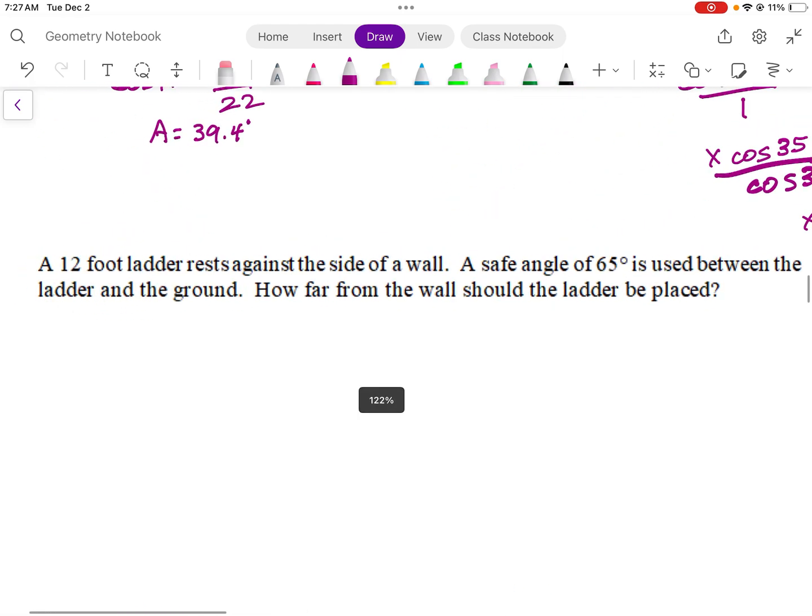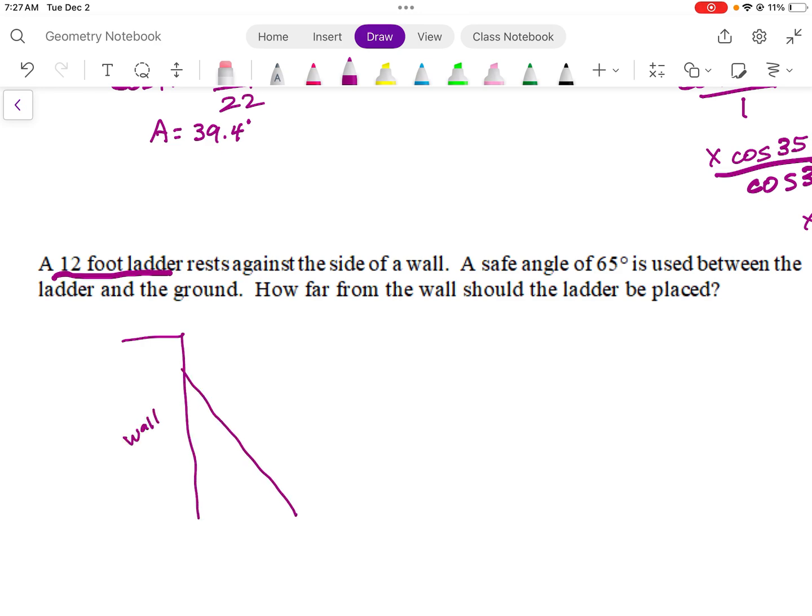All right, so here's a typical question. No picture, so I'll have to draw one. A 12-foot ladder rests against the side of a wall. So here's my wall. Here's my ladder. The building usually is 90 degrees with the ground, unless it's falling down. And it says it's a 12-foot ladder, so I know that this side is 12.